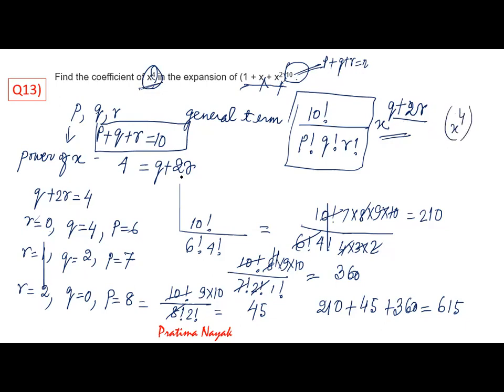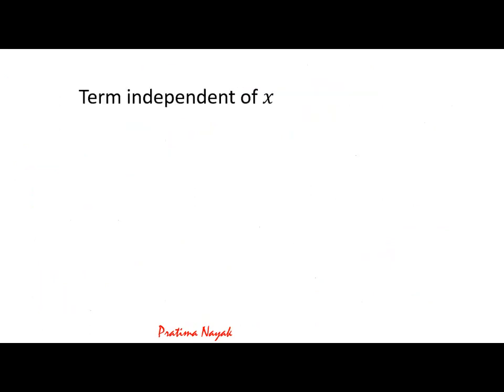Then find the possible values of r, q and p with this combination: r 0, r 1, r 2. If r is 0, q is 4, then p is how much? r 1, q 2, p 7; r 2, q 0, p 8. Then this will be the coefficient for each case. So p, q, r will be different. Find the values and after the calculation, combine the total. Or with the traditional method, you can expand and always find it.